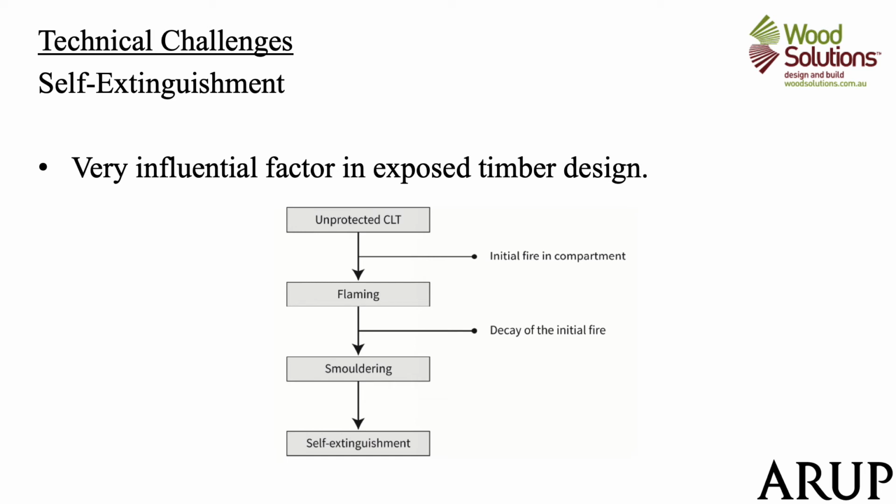So for this we use a simplistic model. This is from Roy Creelard's paper from University of Delft in Holland. So we have unprotected CLT, we have a fire in the compartment, the CLT flames, the compartment fire dies out, this continues to flame and it transitions to smouldering, the timber that is, and then that transitions to self-extinguishment.